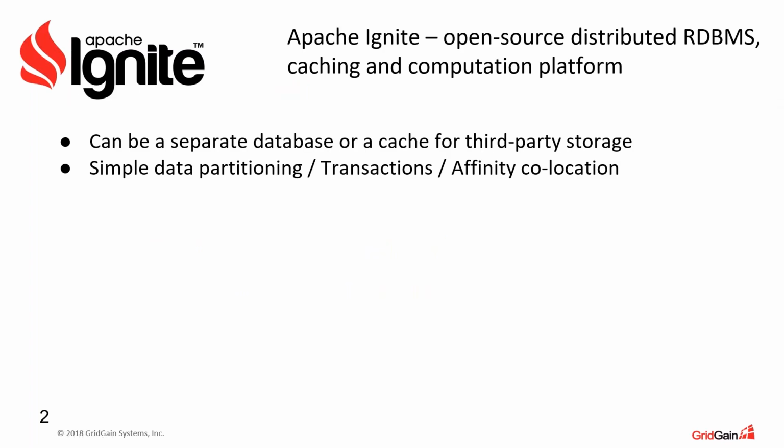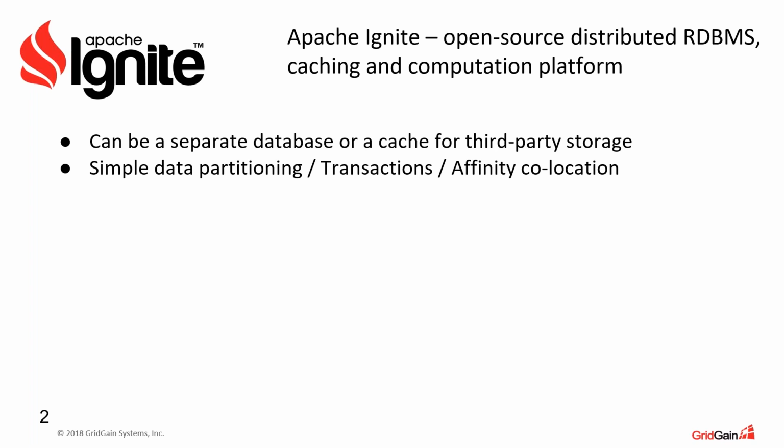Okay, let's go on. The key features of Apache Ignite: simple data partitioning. It's really easy to partition and distribute your data among the cluster. All your entries will be separated into atomic units called partitions, and you can specify an affinity function which will decide where every partition will be stored.